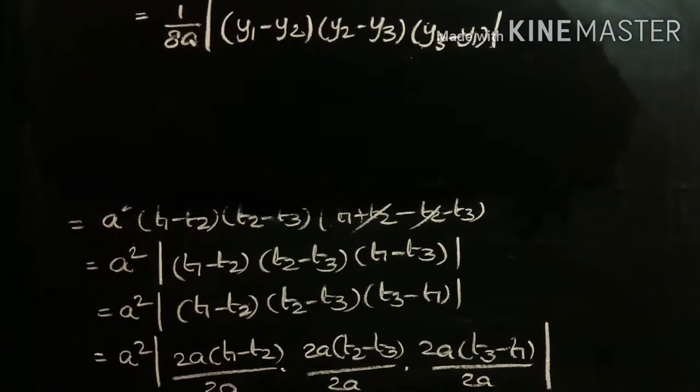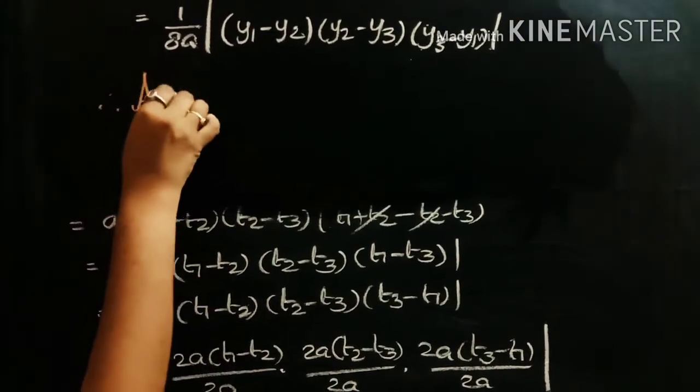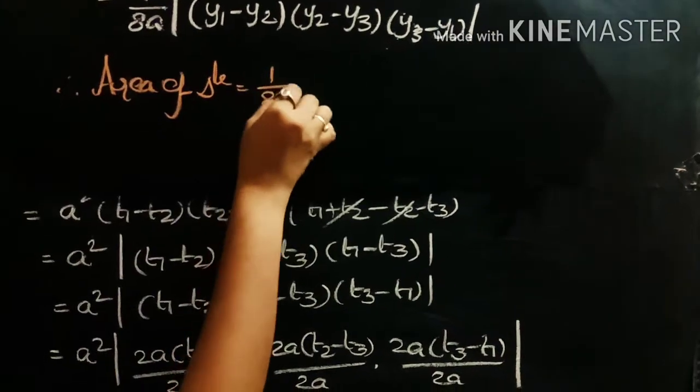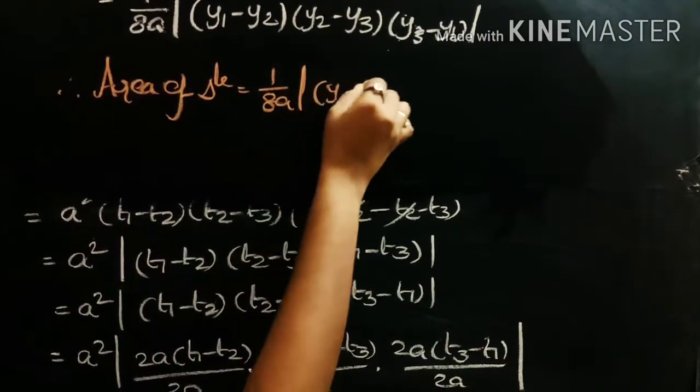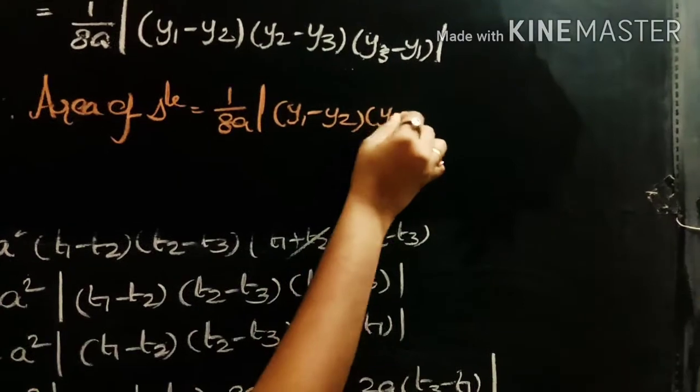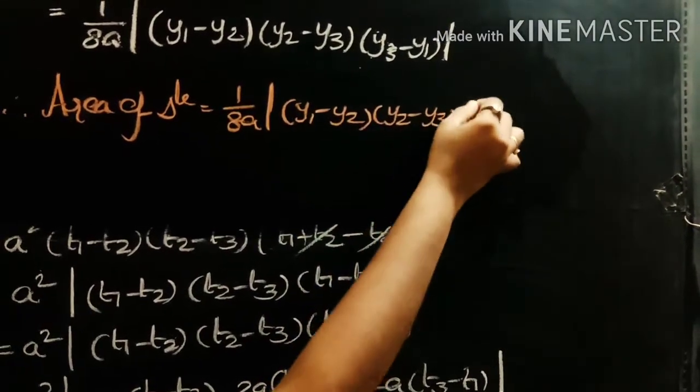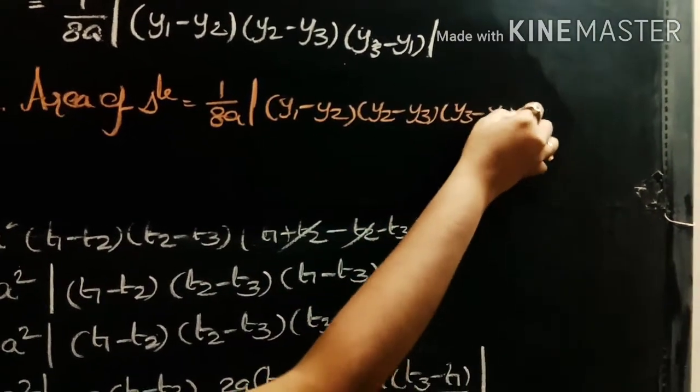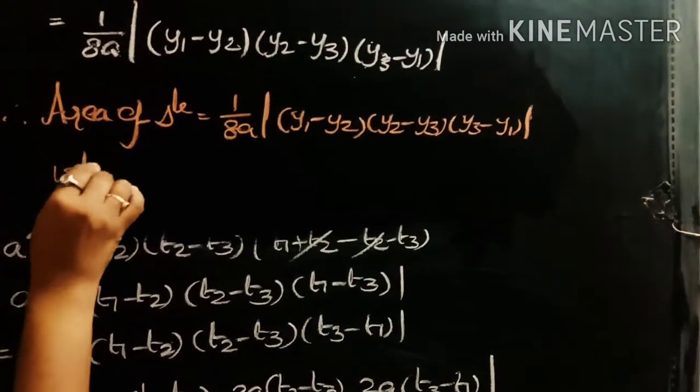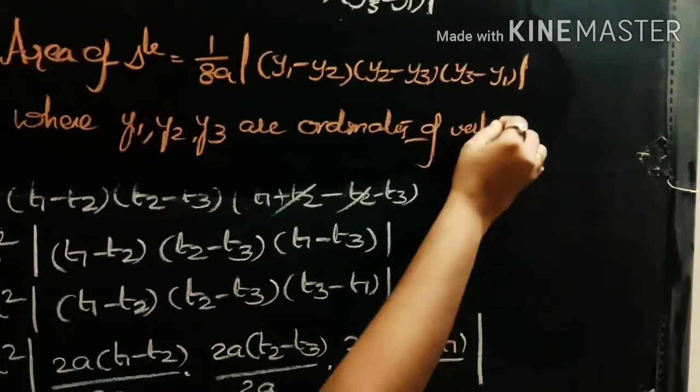Therefore the area of the triangle is equal to 1 by 8A into y1 minus y2, y2 minus y3, y3 minus y1. Here y1, y2, y3 are the ordinates of the points.